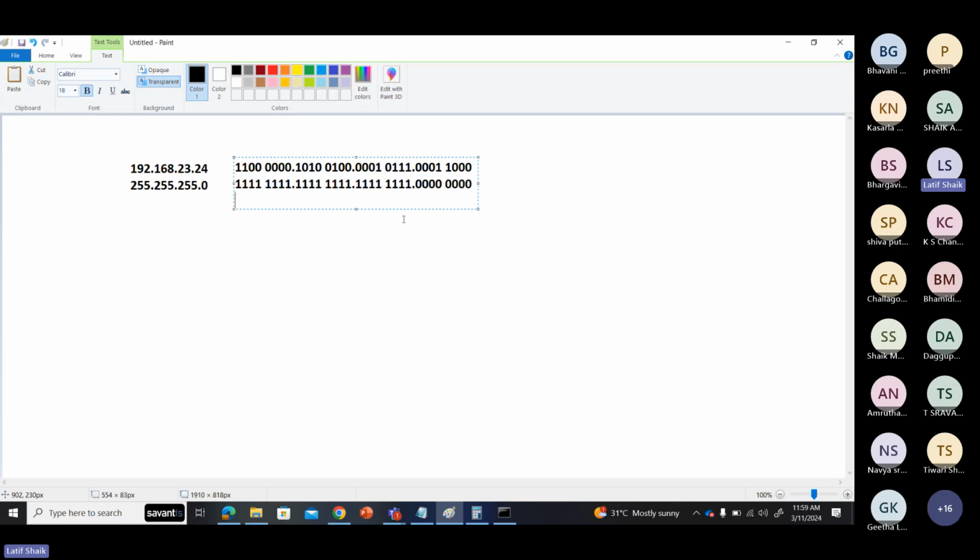What is 1 and 1? The output is 1. Again, the second one is also 1 and 1, so the output is 1. The third one is 0. Here it is 1 and 0, so 0. Again, the next one is also 0 and 1, so 0.